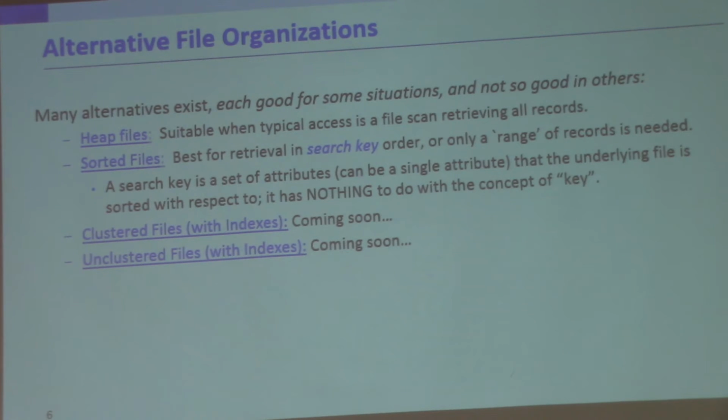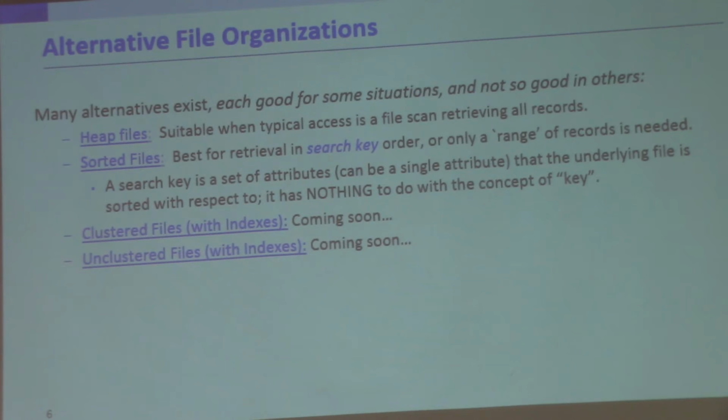For example, if the data pages in a file are sorted by first name, then last name, the search key is a combination of first name, then last name. So a search key can be a composite set of attributes rather than just a single attribute. When I say it's sorted by first name and last name, what that means is you sort by first name first, and you break ties on first name value by looking at the order of the last name. Okay?